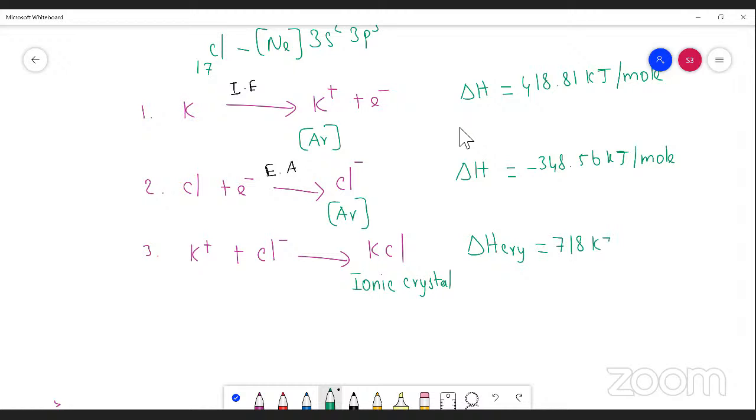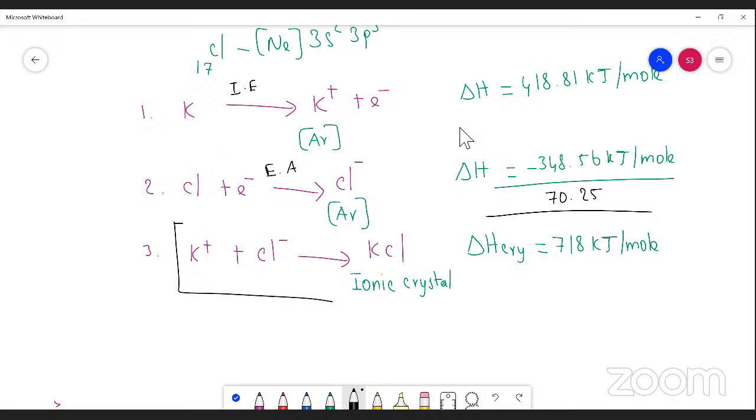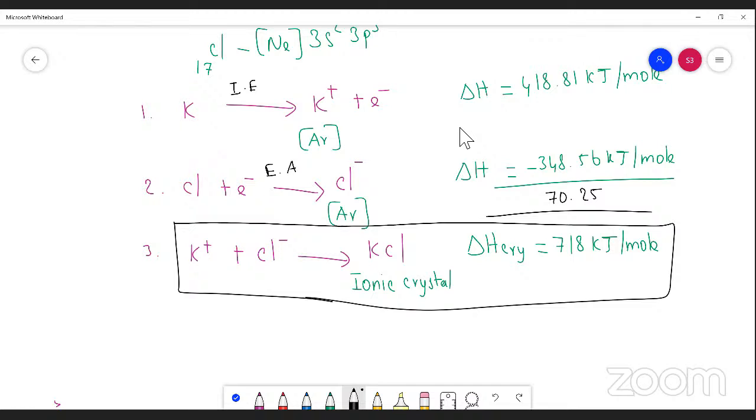But while doing this, we are getting only 70.25. Correct? For the formation of K plus and Cl minus, it is 780 kilojoules per mole. So the strongest attraction between K plus and Cl minus is there, so the ionic crystal is more stable.